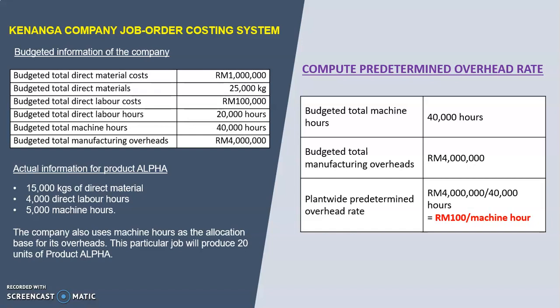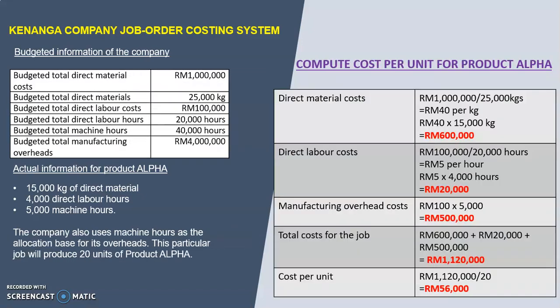So once we know the plant-wide overhead rate amount, we can now calculate the amount of manufacturing overhead applied. So how do we calculate it? You look at the computation box here and you look at the third row, manufacturing overhead cost.